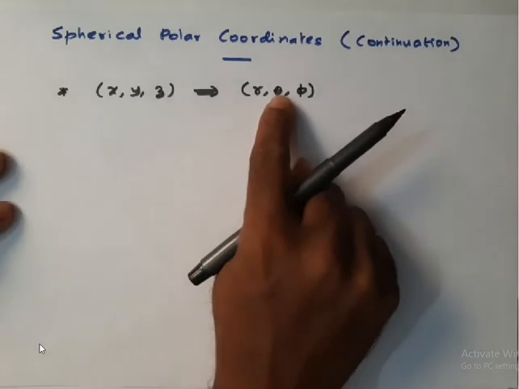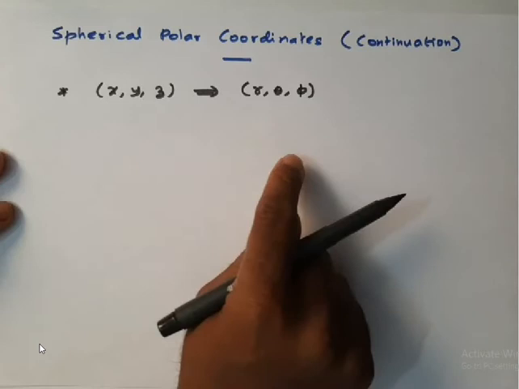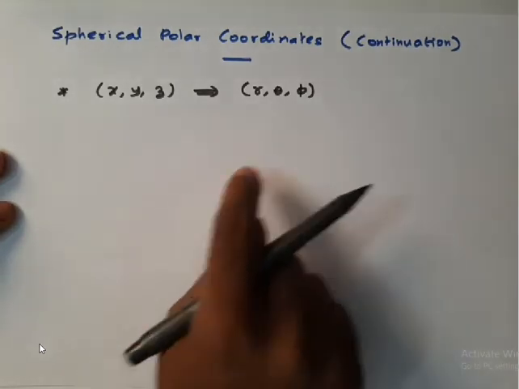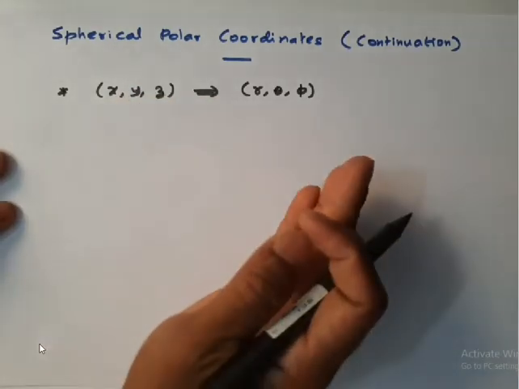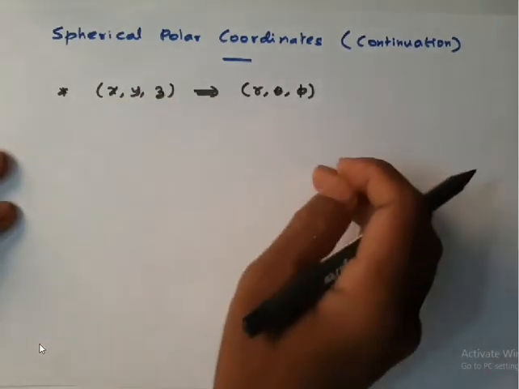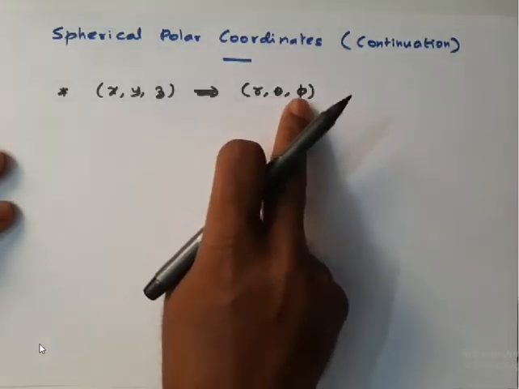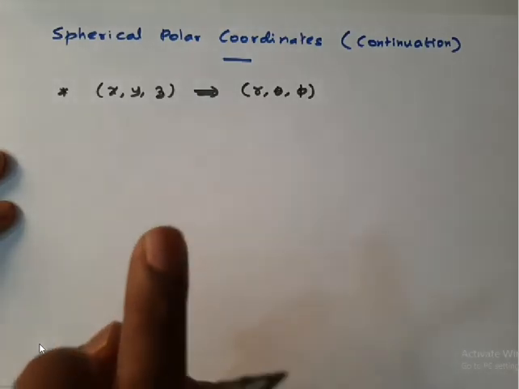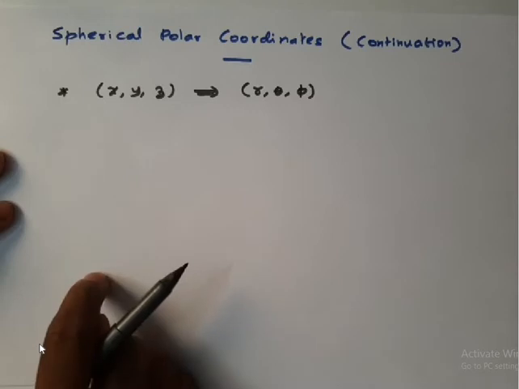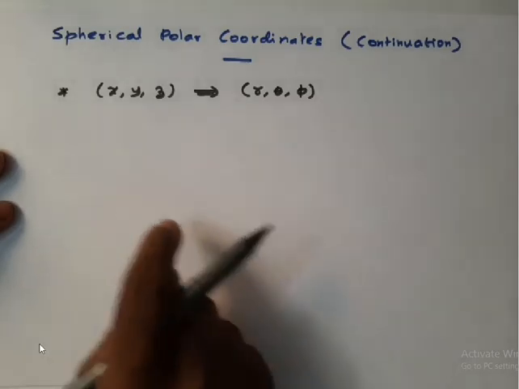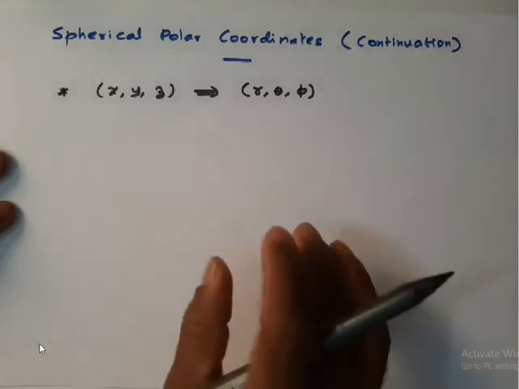Theta is the angle between the plus z axis and the line joining the origin and the point. For phi, draw a projection of the point onto the xy plane; phi is the angle between the plus x axis and the line joining the origin and the projected point.